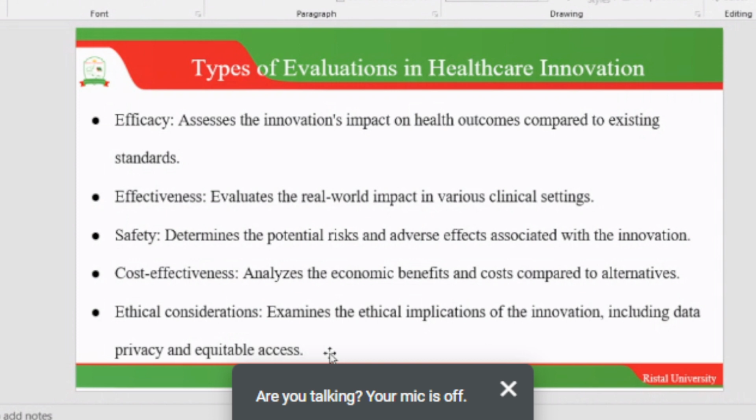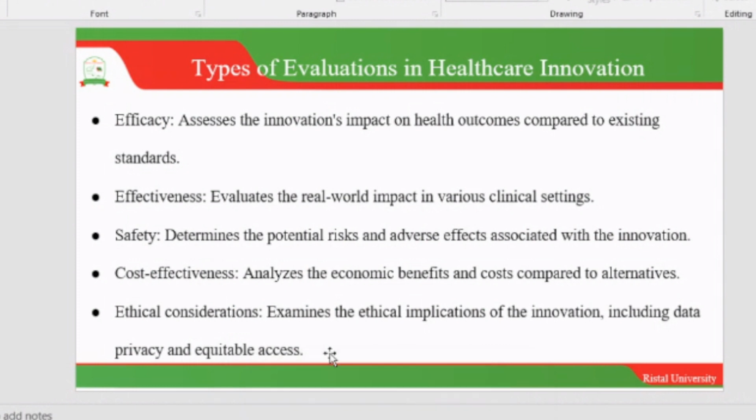Does it cost a lot and yet the benefit is not as profound or as different compared to the conventional one? Then we also look at ethical considerations. Your innovation should not impact negatively on data privacy or equity of access, because ethics is very important in healthcare.